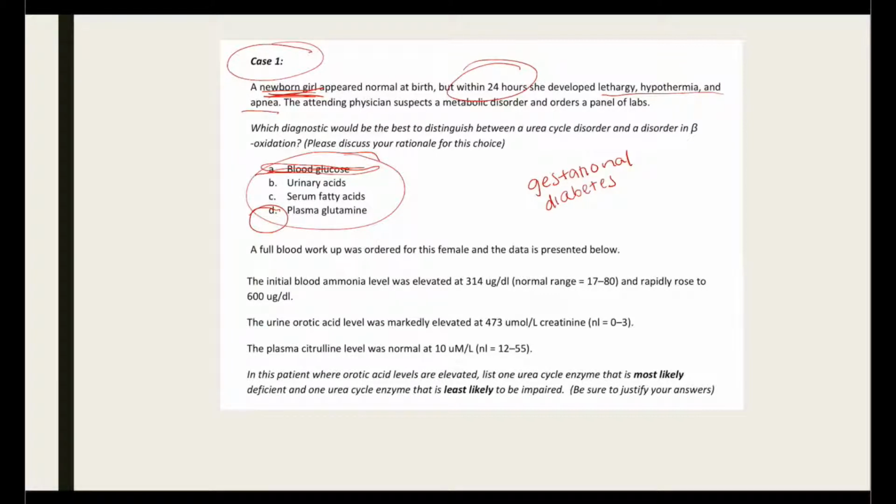The panel for the urinary acids is also incorrect because this can be influenced by external factors as well, like medication that might still be in the baby's system from the mother's labor. An example of this would be morphine, which of course is given to the mother so that she's not in as much pain when in labor.